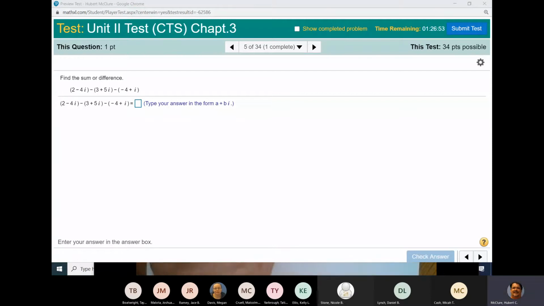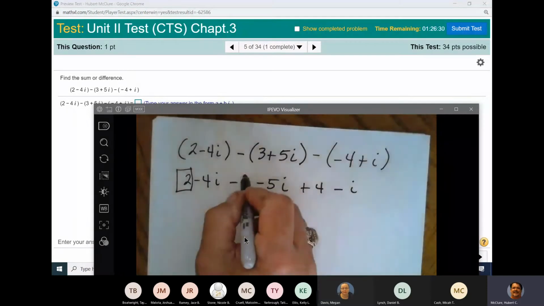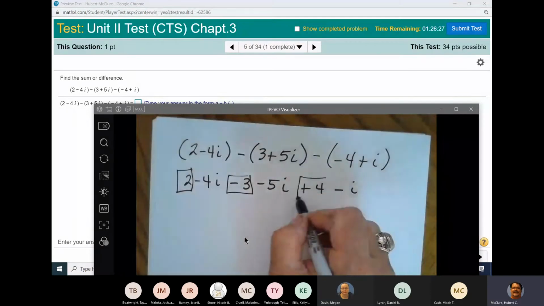So 2 minus 4i minus 3 minus 5i, 4 minus i. And now combine like terms. 2 minus 3 plus 4.